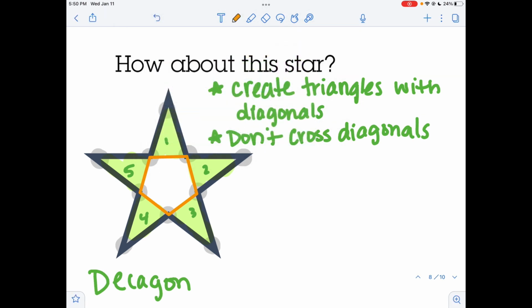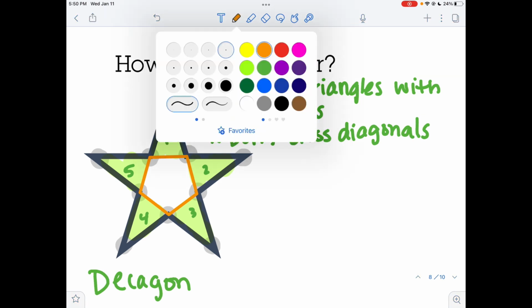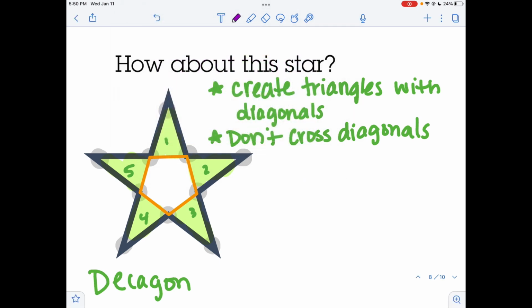Now we can keep the diagonal idea going, and I can make diagonals in that pentagon to make more triangles. So there's a diagonal in the pentagon, and there's a diagonal in the pentagon. So now I have 1, 2, 3 triangles there.